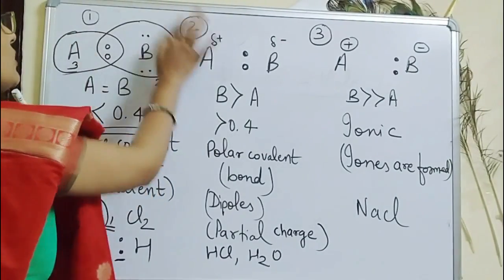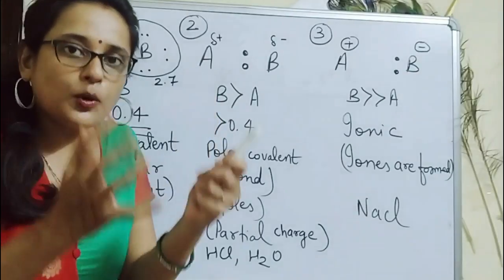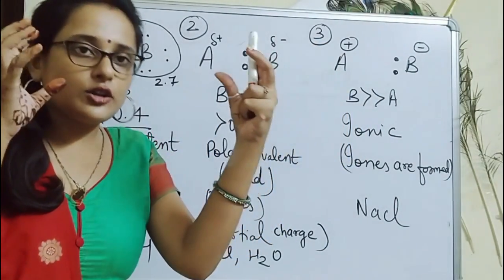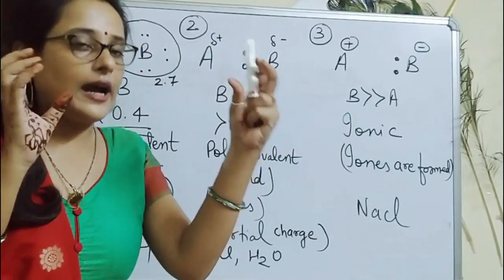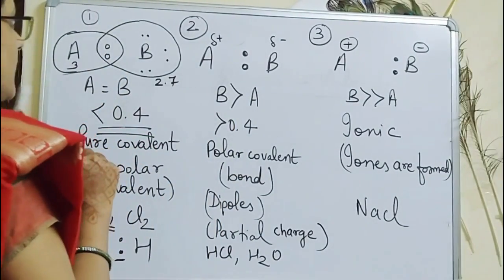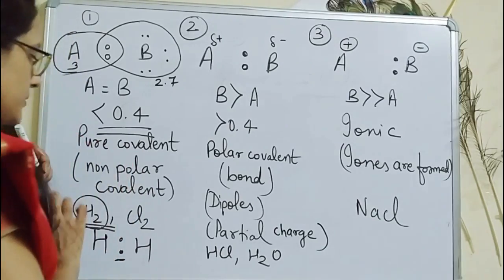So this molecule will be non-polar, as there are no poles developed. Poles mean two ends of a molecule, and those two ends will have different charge. There will be a charge separation in those two atoms in the molecule. So this bond will also be called a non-polar covalent bond.